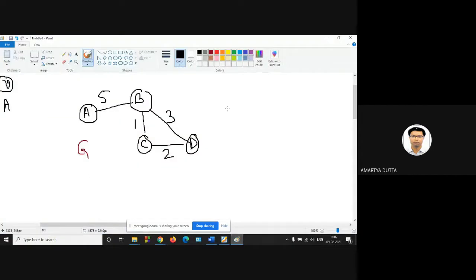So first of all, sort the edges. You can get 1, then 2, then 3, and finally 5. So this is the output of the sorting, right?